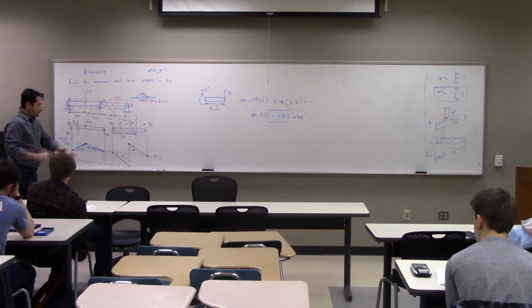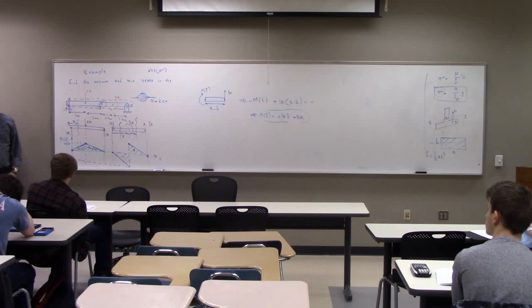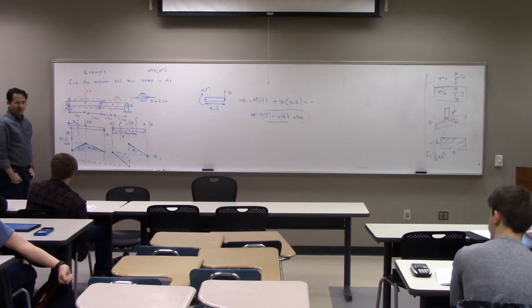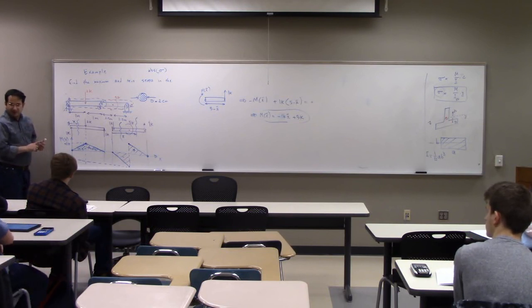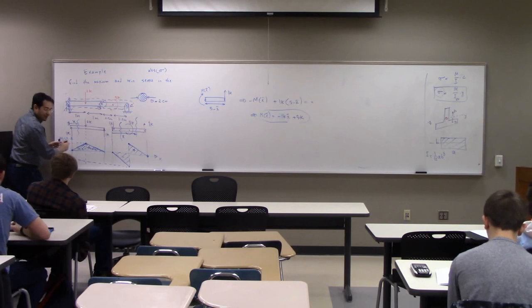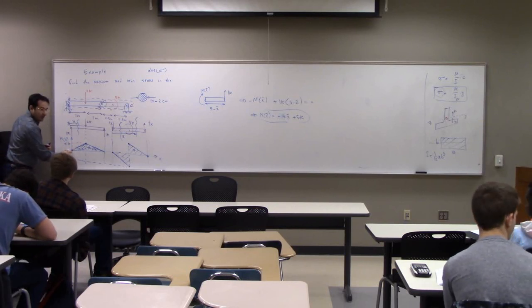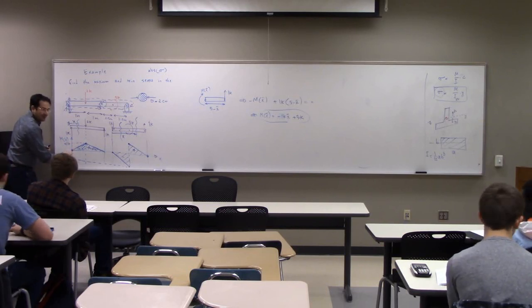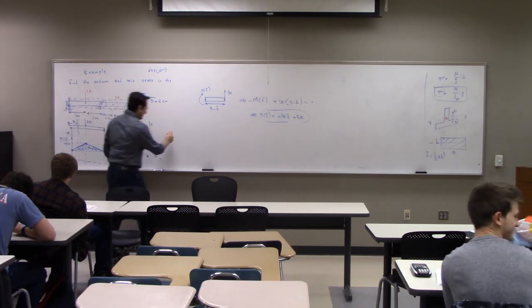Now if I give this to you and I say draw the shear diagram, what do you do? Take the derivative. If you take the derivative of this, what do you get? From here to here is 1. So let's write here.